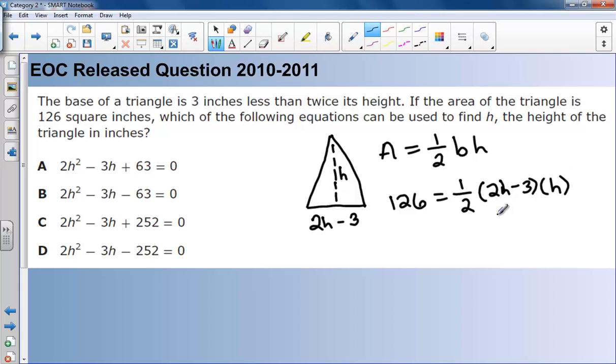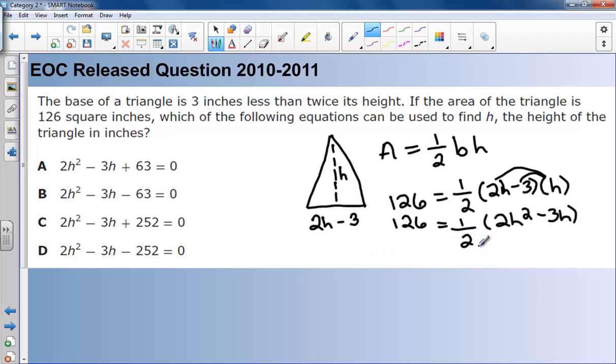So you can see already that I've got an h term here that's going to be squared. So we're just simplifying from here then. So 126 is equal to 1/2 of, and so we'll distribute right here, 2h times h, 2h squared, negative 3 times h minus 3h.